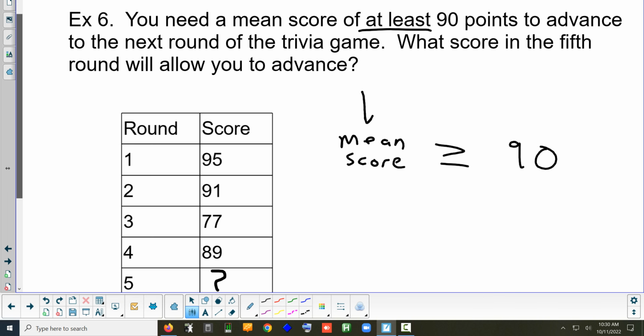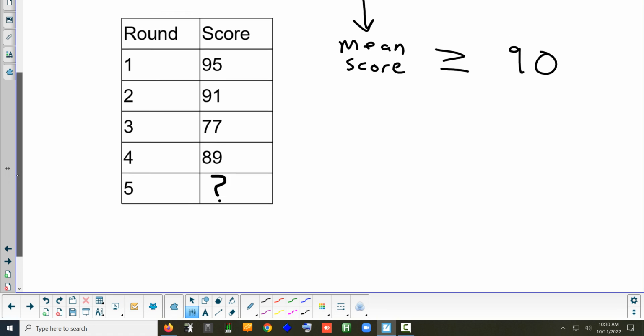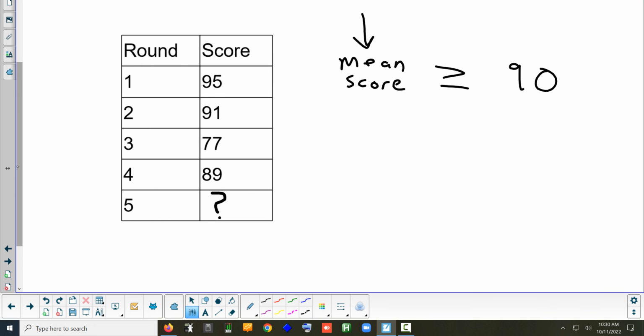So this is the part we need to figure out. How do we find the mean score? If you wanted to know the average of those 5 scores, pretend they were test scores, how would you average up all those scores? What do we have to do to find an average?